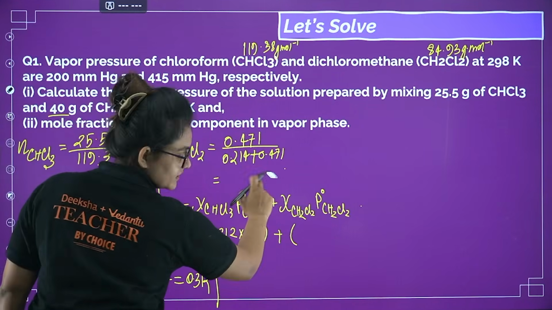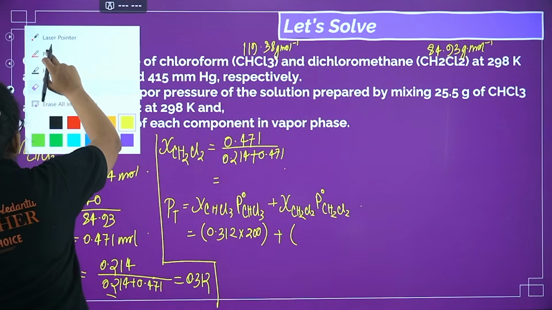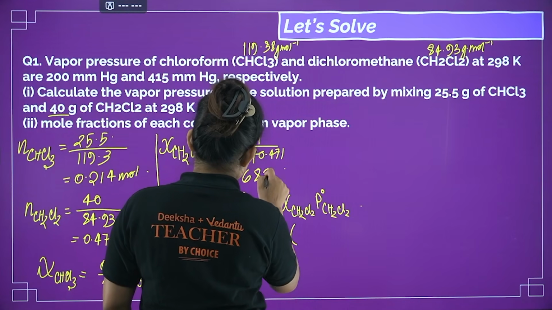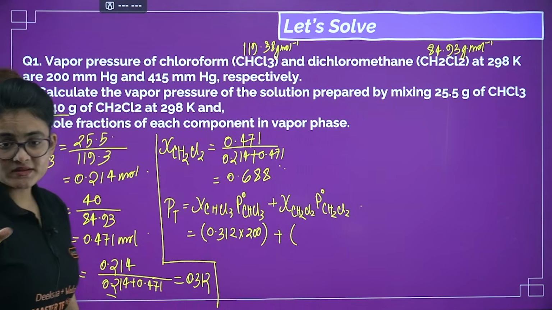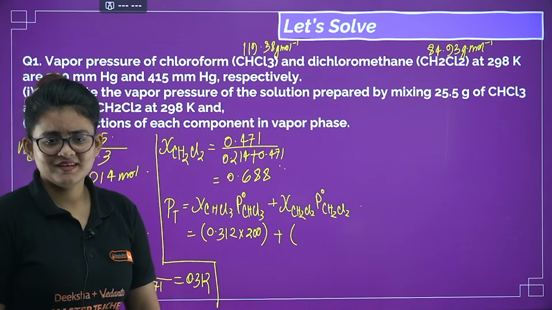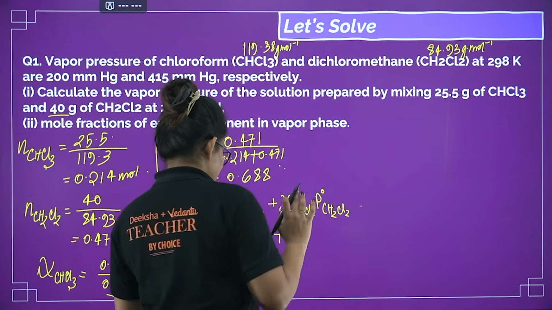This value, if you calculate, this will come as 0.688, sorry, 0.688. I know you people, crazy people, once the teacher makes a mistake, you people get very happy, right? Ma'am made a mistake. Okay, fine, I rectified. My bad.